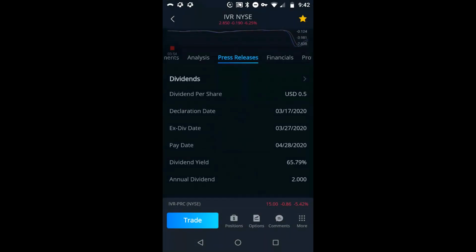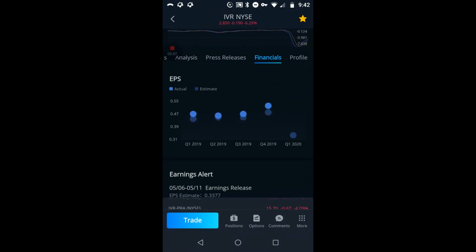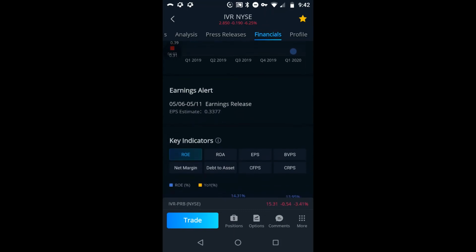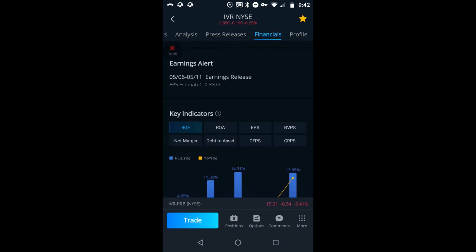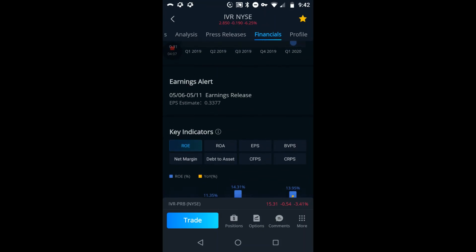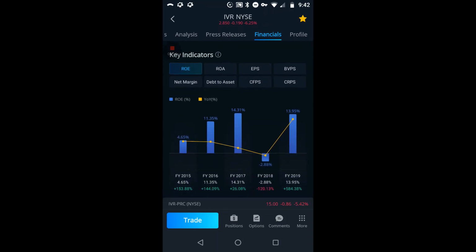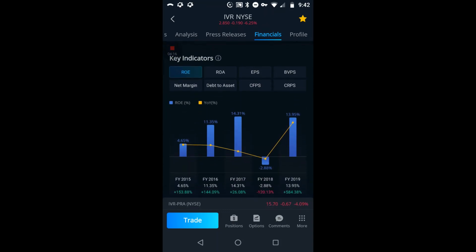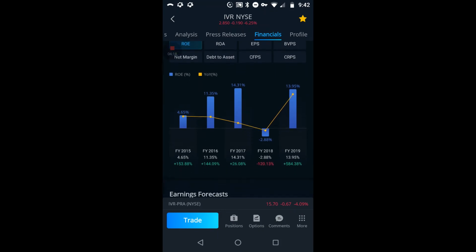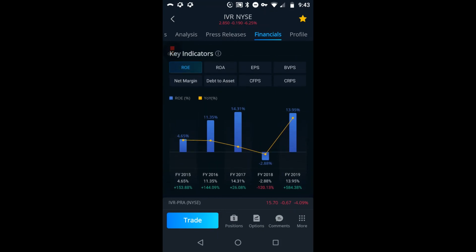Very nice and convenient. We can also come over to financials and we have estimated and actual earnings per share. You also have the earnings alert notice here, happening on the 6th, so a couple days away. Then we also have key indicators, so previous years' earnings per share.